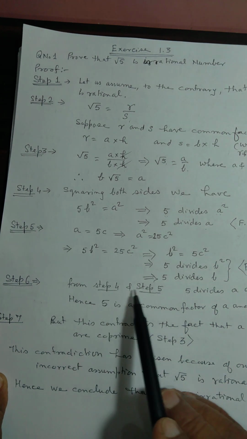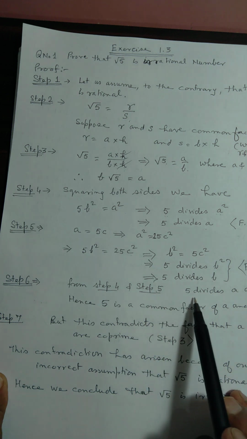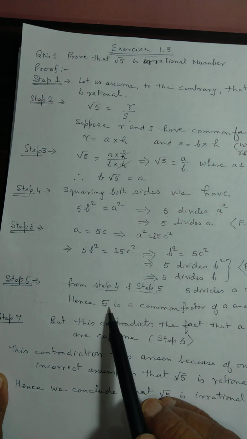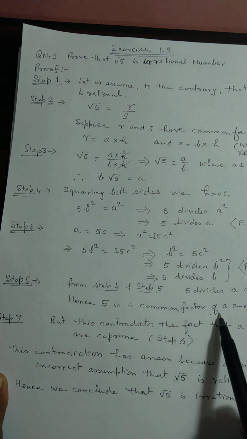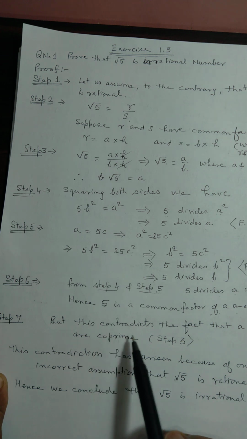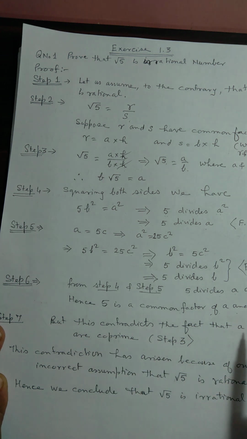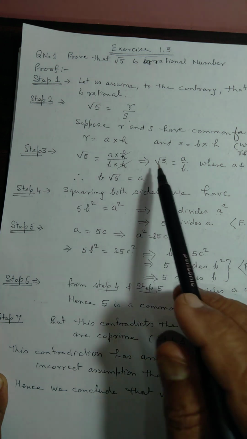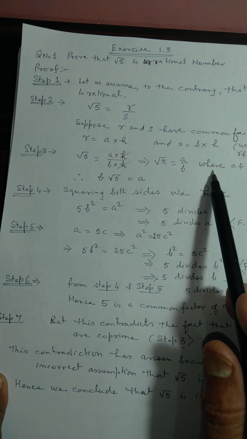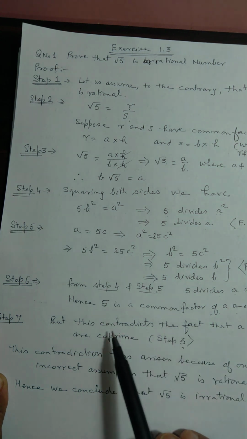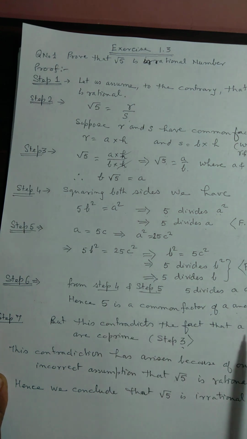From step 4 and step 5, 5 divides a and b. Hence 5 is a common factor of a and b. But this contradicts the fact that a and b are co-prime. In step number 3 we have mentioned that a and b are co-prime. But here we are saying that 5 divides a and b.